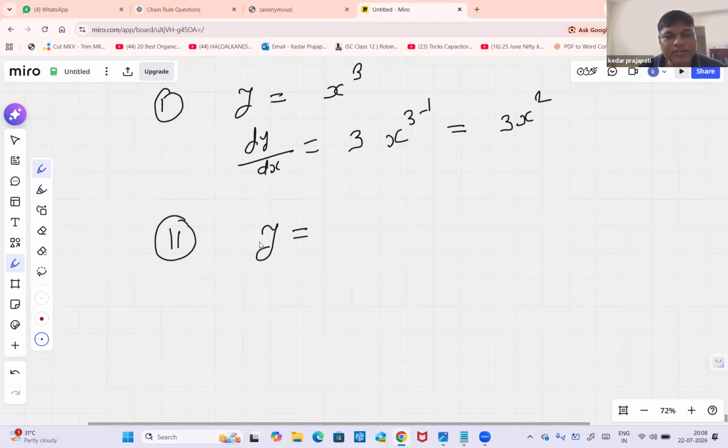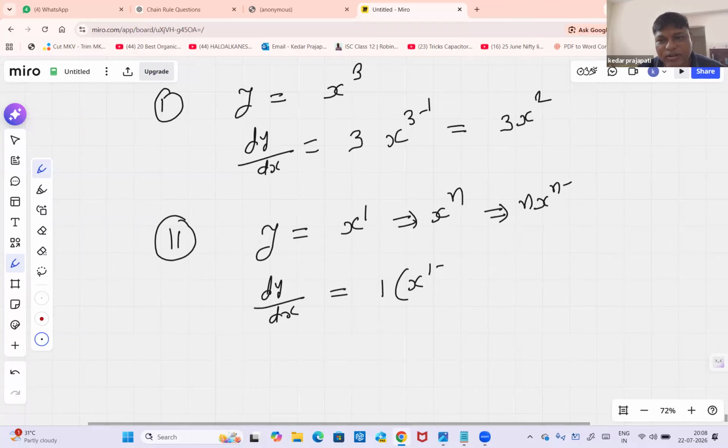Suppose it is written y equal to x. What will be its dy by dx? For x to the power n, dy by dx will be n x to the power n minus 1.